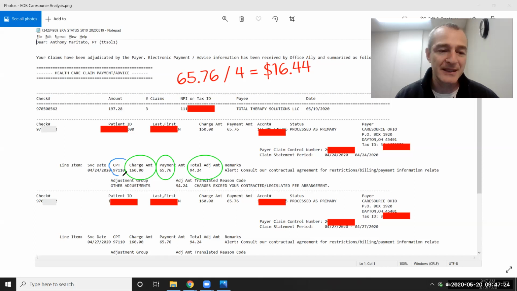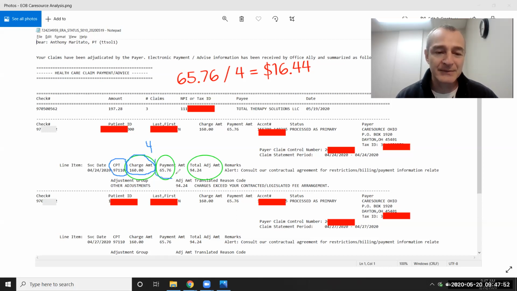Let's take a look at what else we have. So we have the CPT code. So this was therapeutic exercise. We see the charges for this payer. Now this is based on an established fee schedule. So this was $160 that was billed. What you don't see here is the number of units. But for this particular case, this was a 4-unit visit, 4 units of therapeutic exercise.